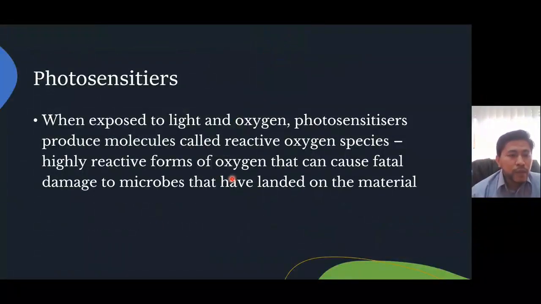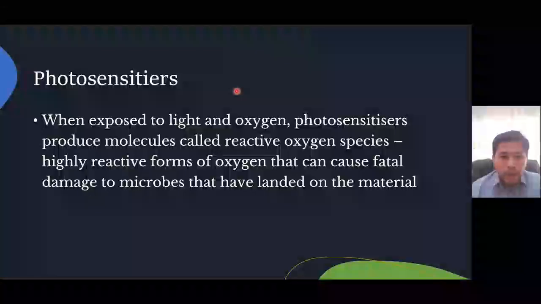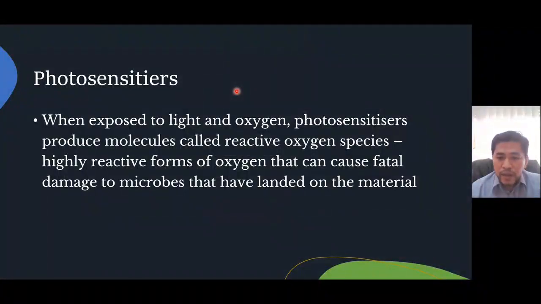Now we will be talking about photosensitizers, and these materials contain a substance that we call a photosensitizer. When exposed to light and oxygen, the photosensitizers will produce molecules that we call reactive oxygen species.